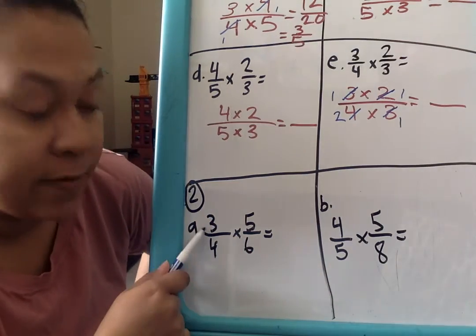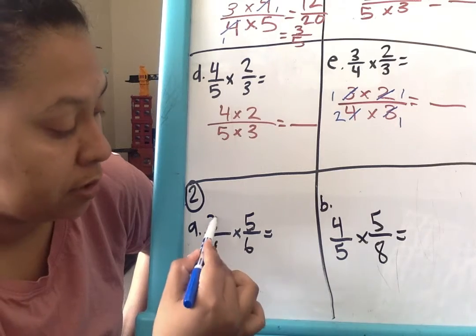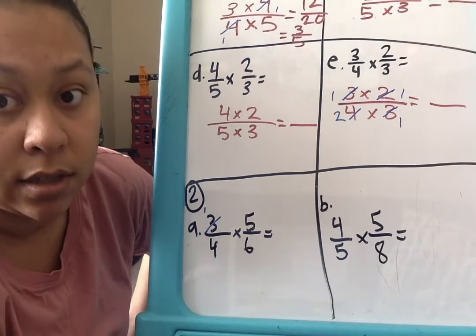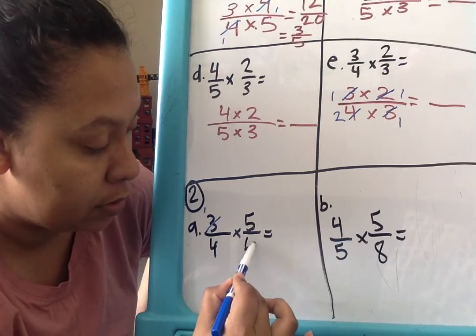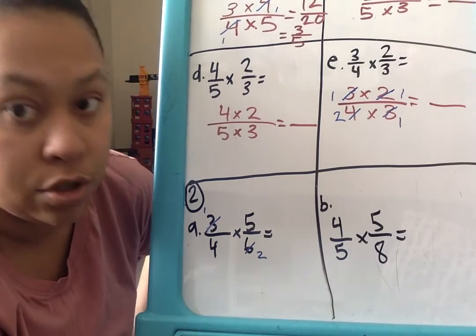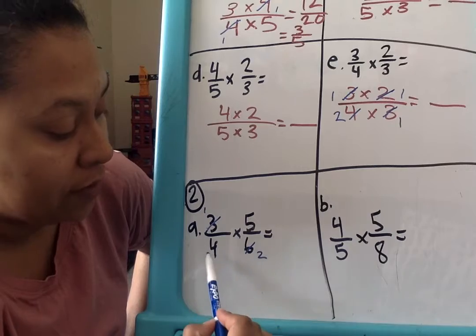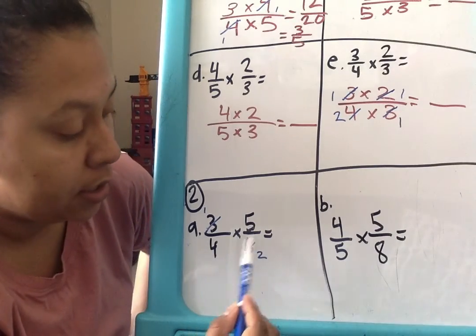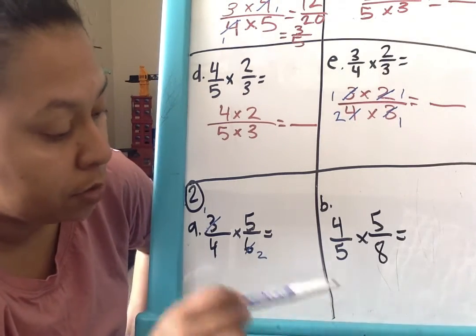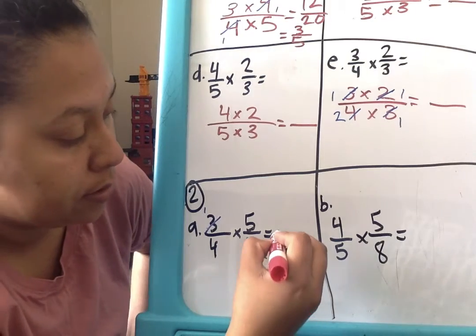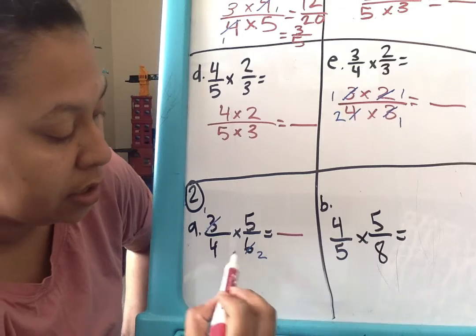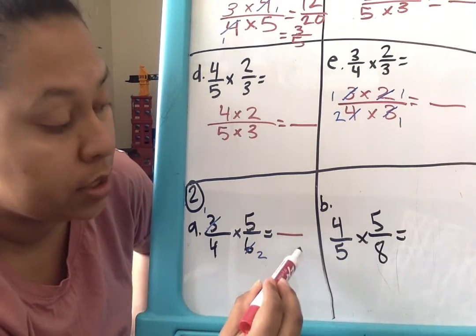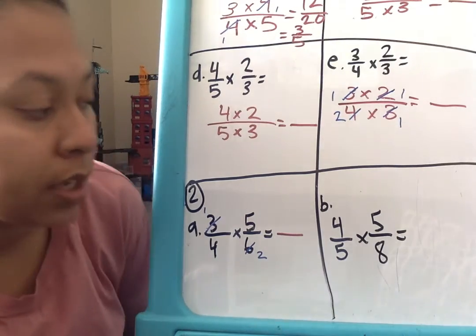So 3 divided by 3 equals 1. So I'm going to cross that out and put 1 up top. 6 divided by 3 equals 2. So I'm going to cross that out, and then that makes 2. And then 5 and 4 cannot be simplified, so those stay the same. So then you can multiply. So 1 times 5, here, numerator. 4 times 2, here, your denominator.